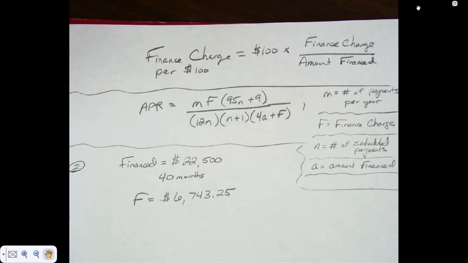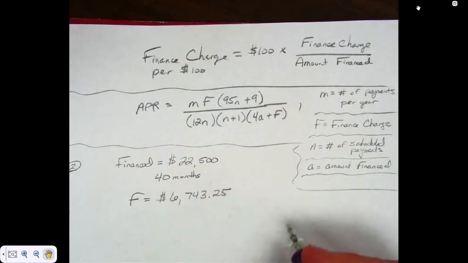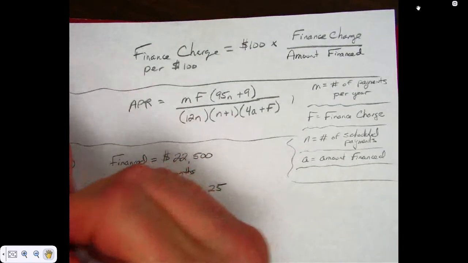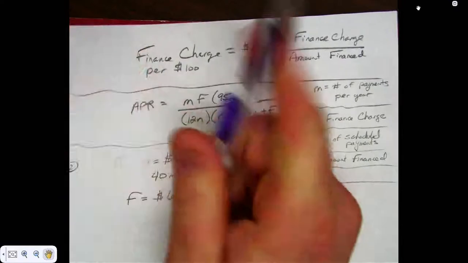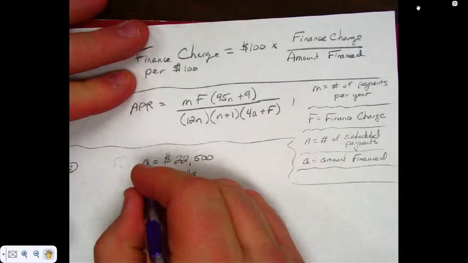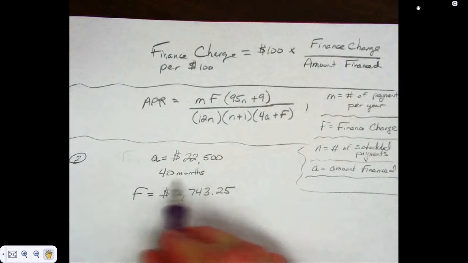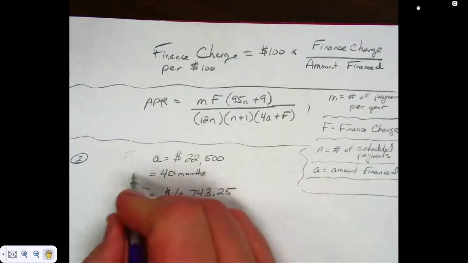All right, we're going to use this formula right up here. Well, look, I have F, amount financed. I guess I probably should have called this A, shouldn't I have? Would you guys agree? Because that's the amount financed. 40 months, number of scheduled payments, wouldn't that be N?